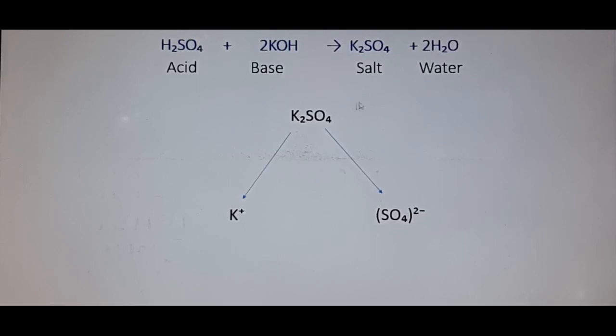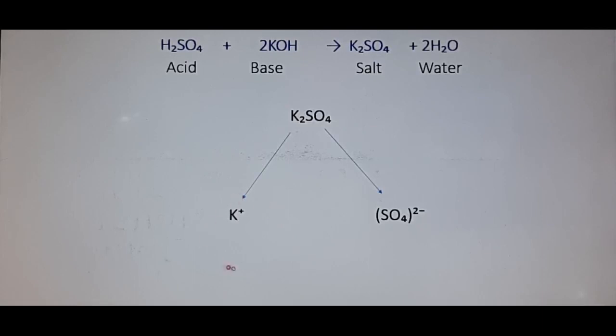So in this salt, potassium sulfate, we have the positive ion of potassium and the negative ion of sulfate. This positive ion we have got from the base. You can see K or potassium we have got from the base, and the negative ion of sulfate we have got from an acid. So that's what the definition of salt is telling us.